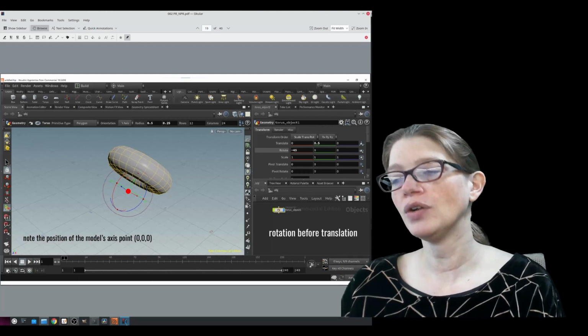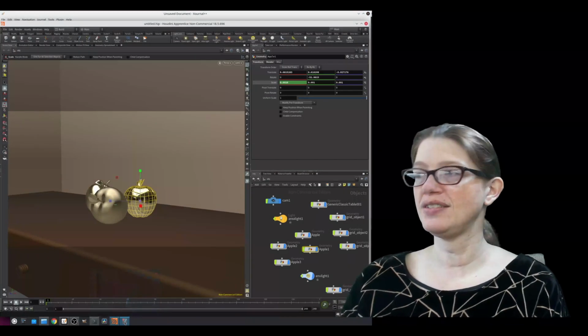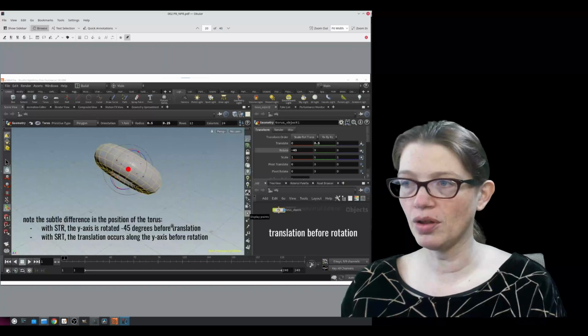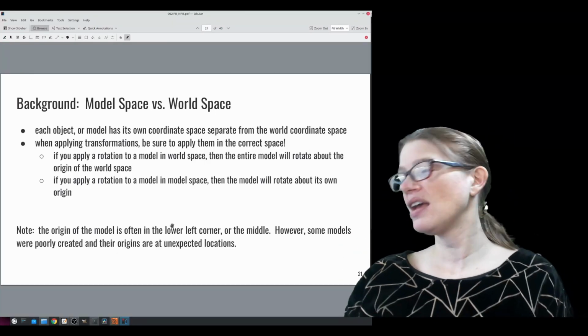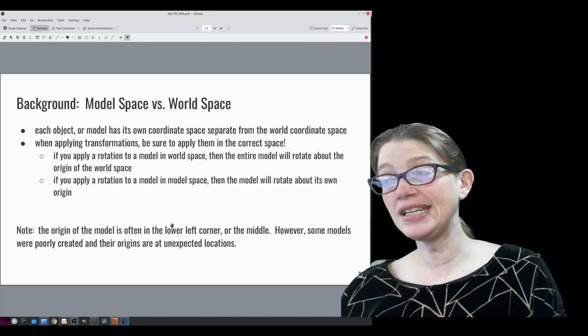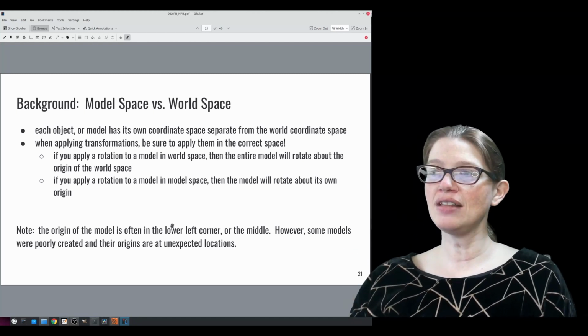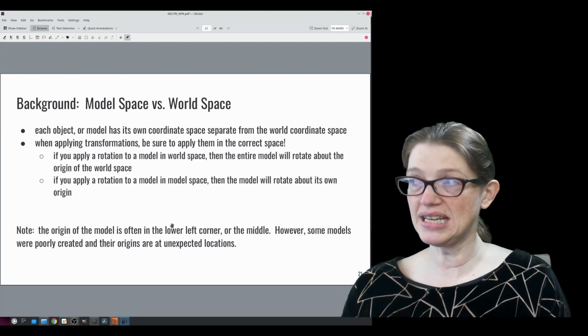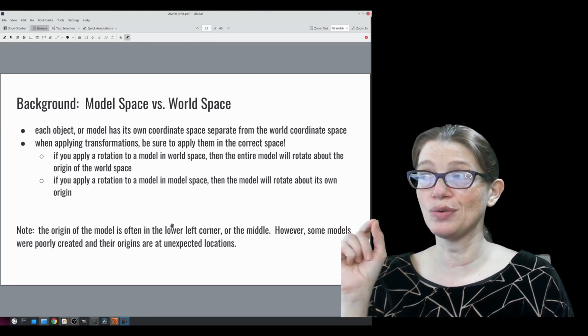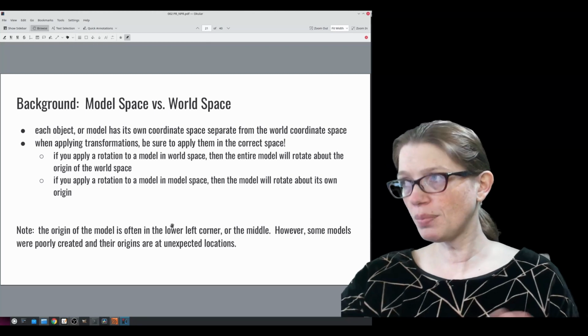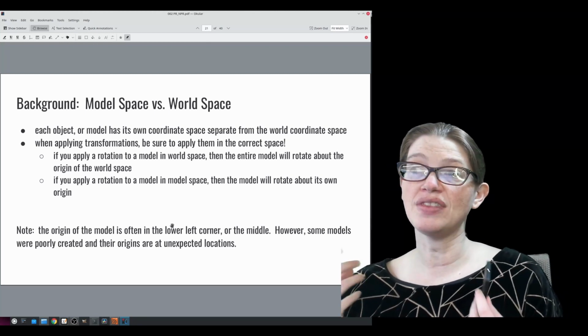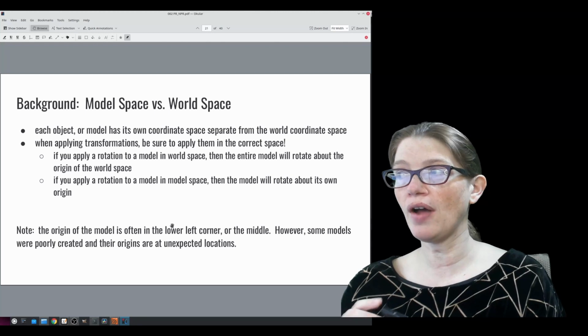When you download models off of the internet, so Turbo Squid, for example, you need to be very, very careful, because sometimes the free models, more often than not, have the center of the model space, which is its 0, 0, 0 point, not in the middle of the object. So there's a few different places it would be traditional to have the center of the model space.